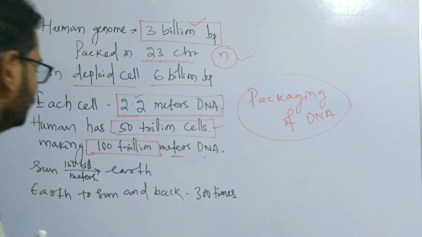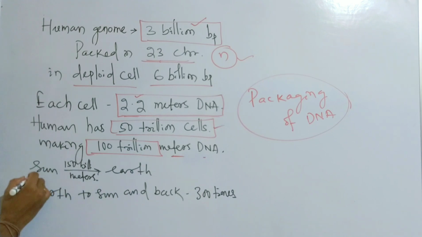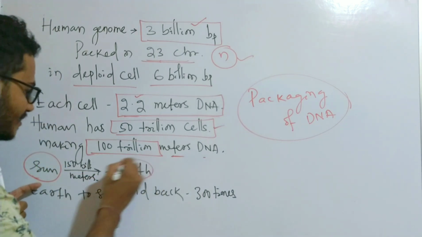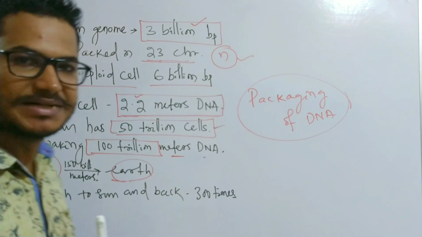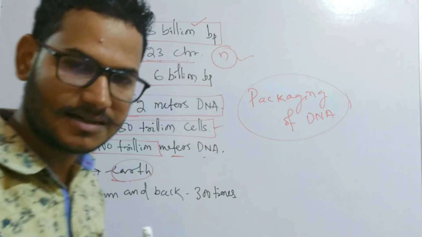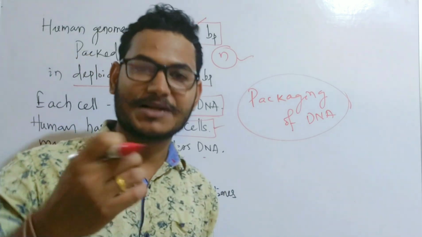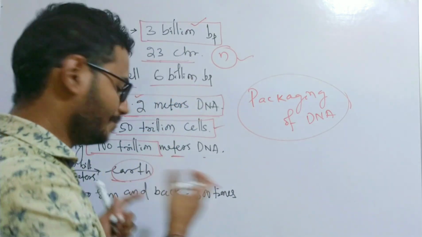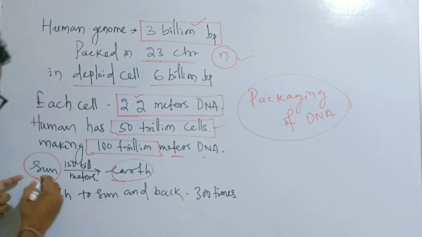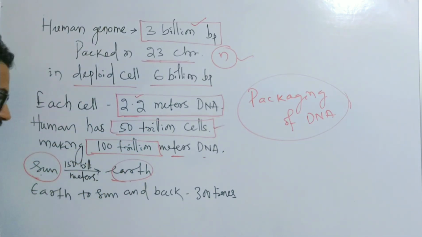If we calculate the distance between Sun and Earth, it is about 150 billion meters. Clear? We need to understand the length of the DNA present in our body. That is why I made a comparison. So Sun to Earth, the distance is 150 billion meters.